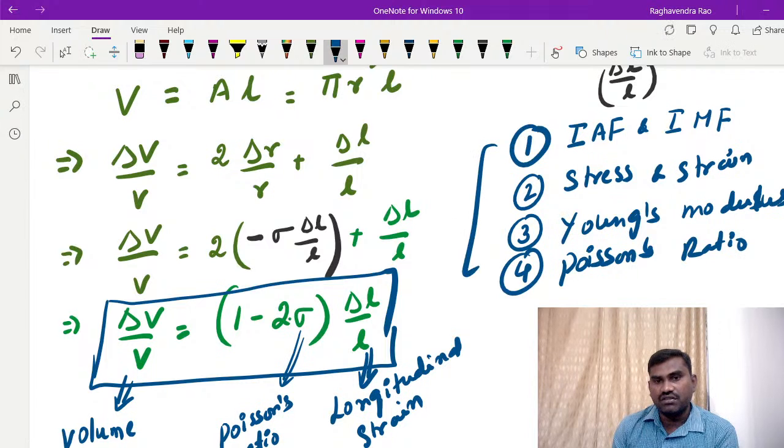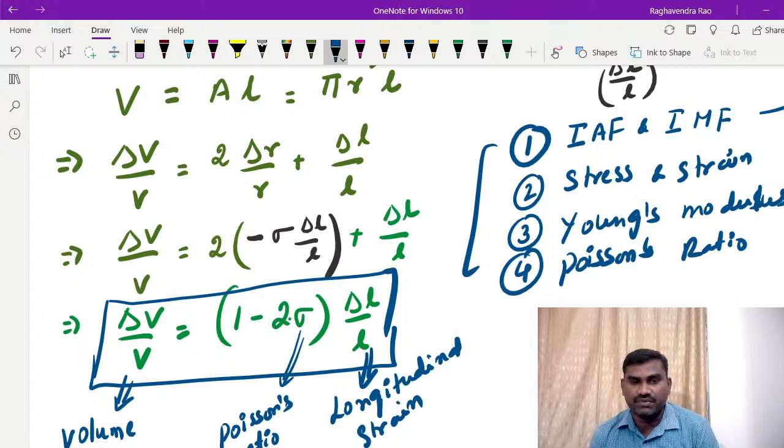These are the topics we completed so far. Next are bulk modulus, rigidity modulus, elastic potential energy, the stress strain graph, and then the relation among Young's modulus, bulk modulus, rigidity modulus and Poisson's ratio. Those concepts remain from this chapter. So tomorrow we will try to finish bulk modulus, rigidity modulus and elastic potential energy.